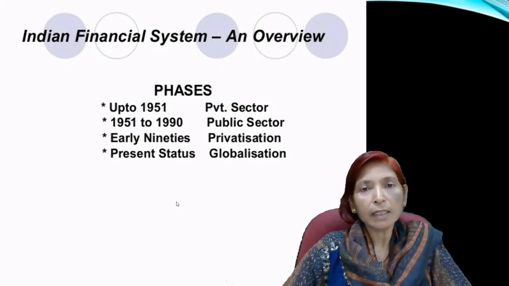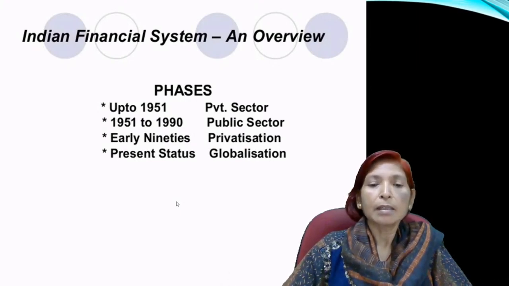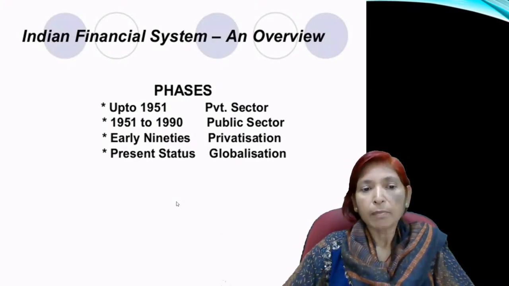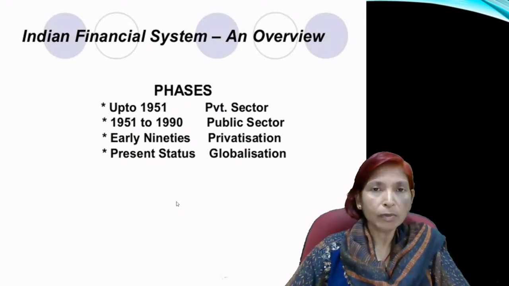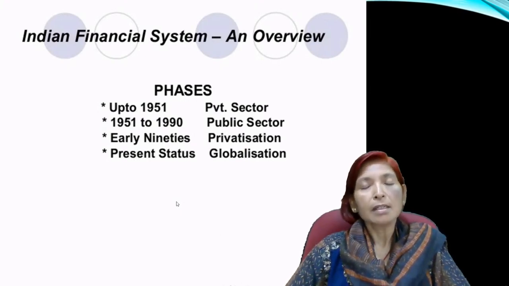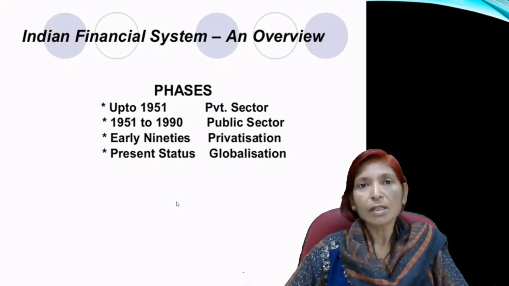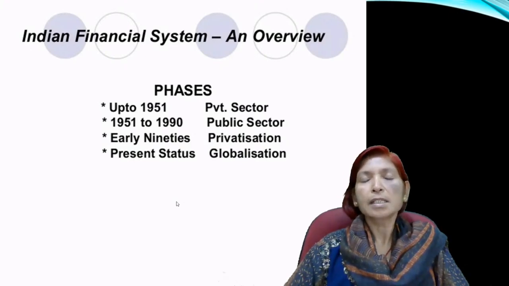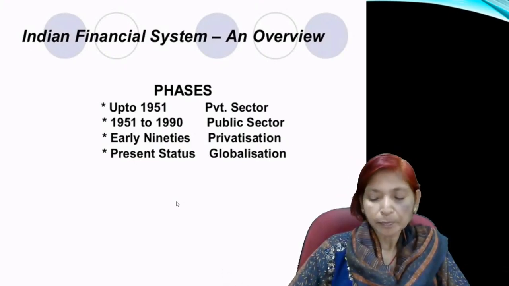From 1951 to 1990, the public sector played a very important role, and in the early 1990s, 91, privatization played a very important role, and at present, we are living in the globalization era. So at present, the whole Indian financial system is privatized. Very few sectors are in the hands of the public sector.